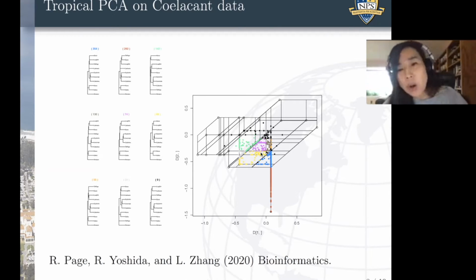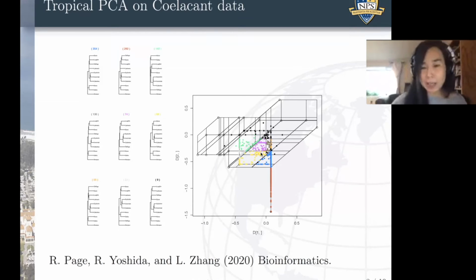But if I don't know how those tree topologies are changing, it's kind of hard to interpret. So this is really the motivation why I wanted to understand how tree topology changes over the tropical geodesic. And I'll explain in a second.